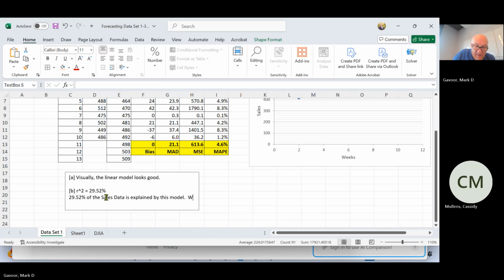While, well, in this case, I would like to see a higher R squared.